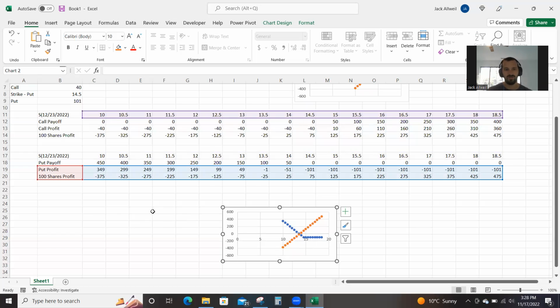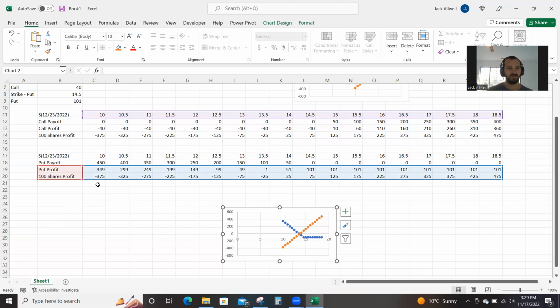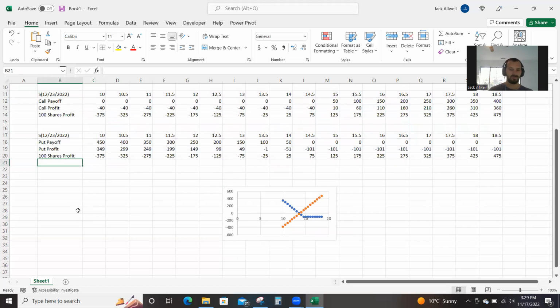And you'll notice if you were to buy 100 shares and buy a put, you see they kind of offset each other. So if you were to buy 100 shares and buy a put, what would your profit be?